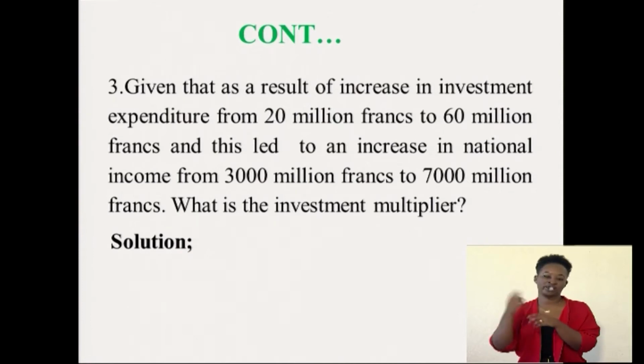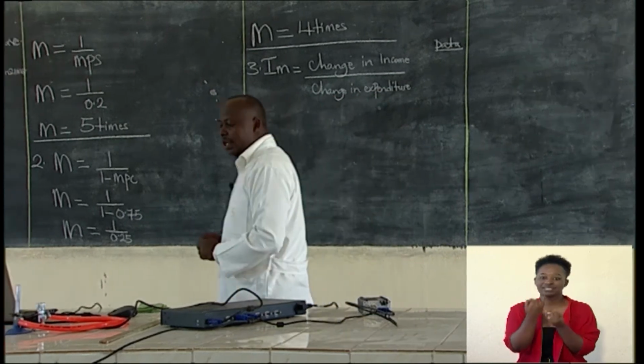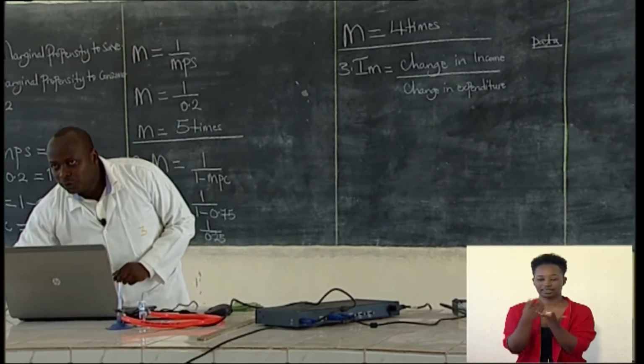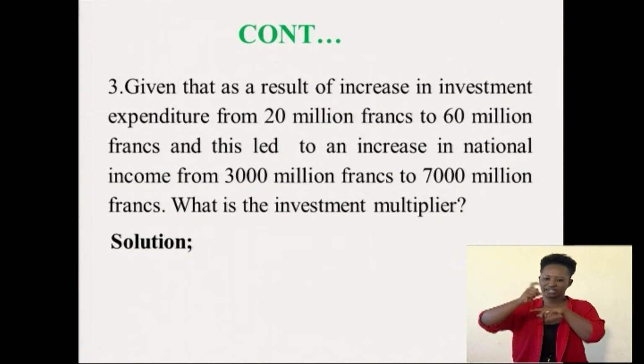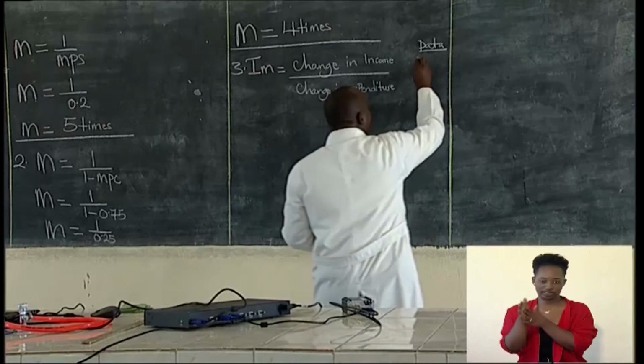Now, in order to interpret the question so that it becomes easy for you to calculate, we want to interpret the data, the information. Given that as a result of an increase in investment expenditure from 20 million, expenditure 1 is 20 million. We have 2 expenditures.